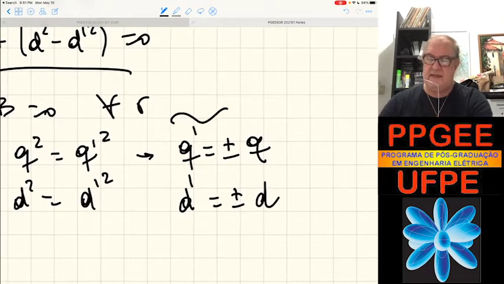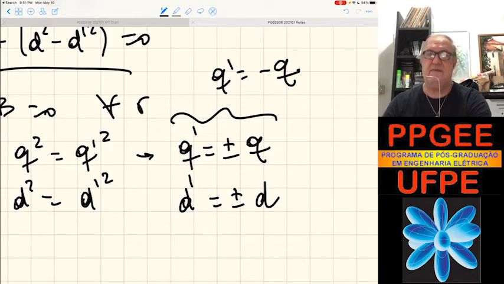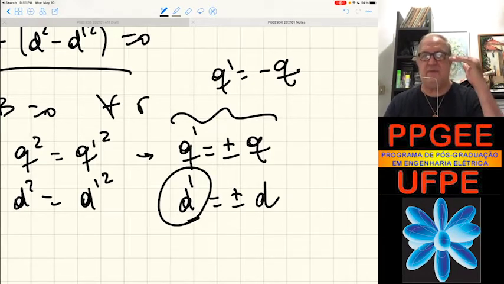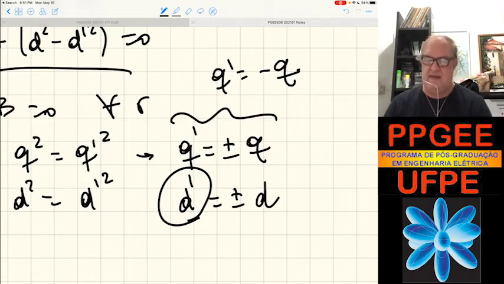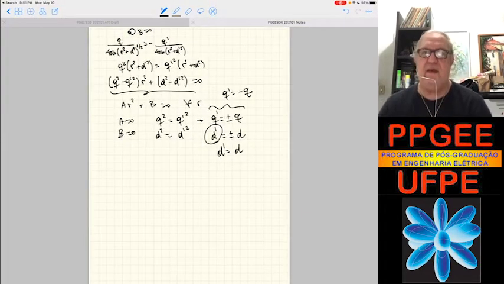But recall that Q prime has a sign opposed to that of Q, so Q prime equals minus Q. And also, d prime has to be positive because you have to put the image charge outside the domain. So d prime equals d. That's the solution. With that combination, we have a zero potential in the z equals 0 plane.